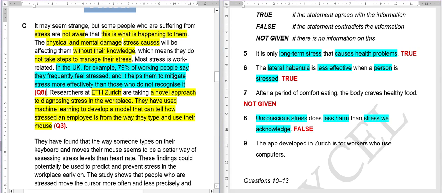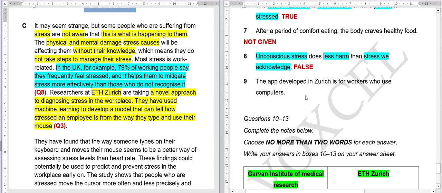So mitigate means to solve, to reduce, to diminish the stress problem more effectively than those people who do not recognize it, those who are unconscious and unaware of their stress. Hope it is clear.